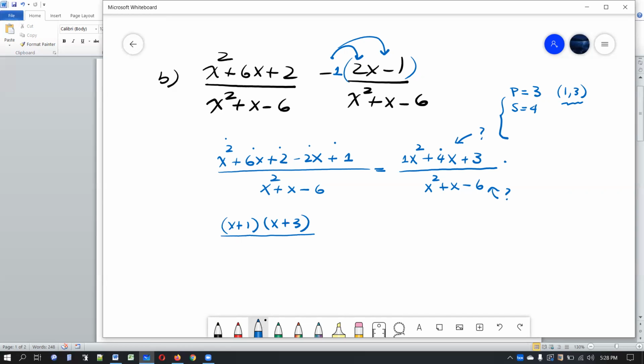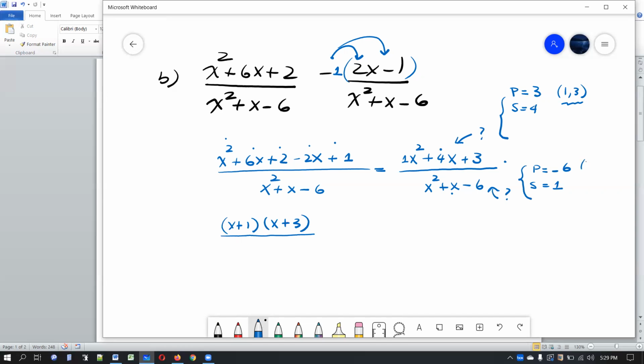I'm going to do the same thing with the denominator. I need two numbers whose product is -6, whose sum is +1, right? There is an invisible coefficient of 1 in front of the x.